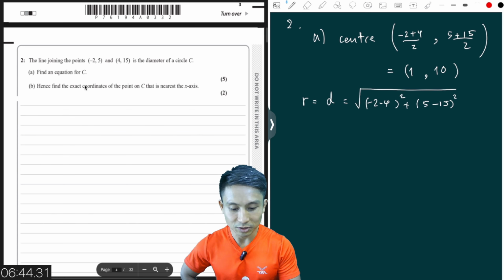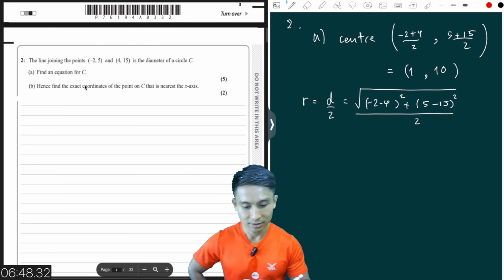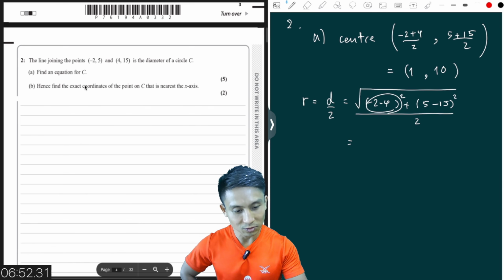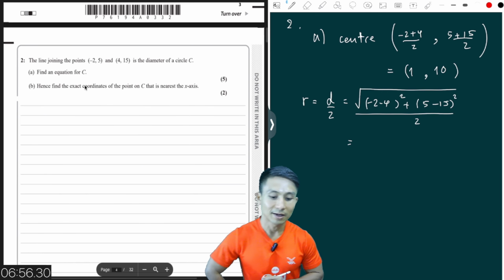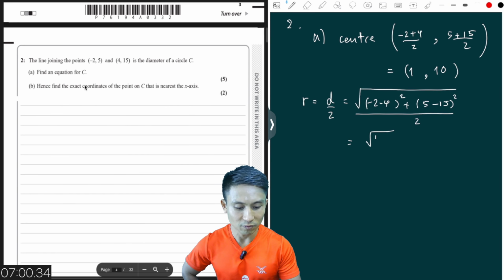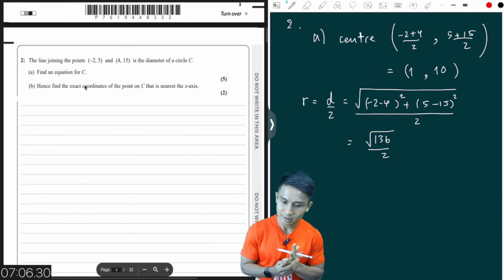So radius is just diameter over 2. So we get what? Square root, this is 6, so 36 there in the first bracket. And the second one is 100. It's 10 squared. So square root of 136, divide by 2. And so that's the radius.